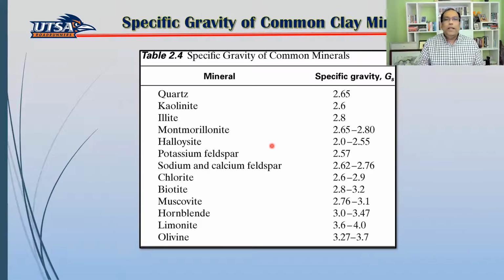For clay, the specific gravity of the soil solid is in many cases a little bit higher if you have more illite, and if you have more kaolinite, you will see a little less than 2.65. I'm just talking about the specific gravity of the clay mineral, the clay solid, not the bulk soil.